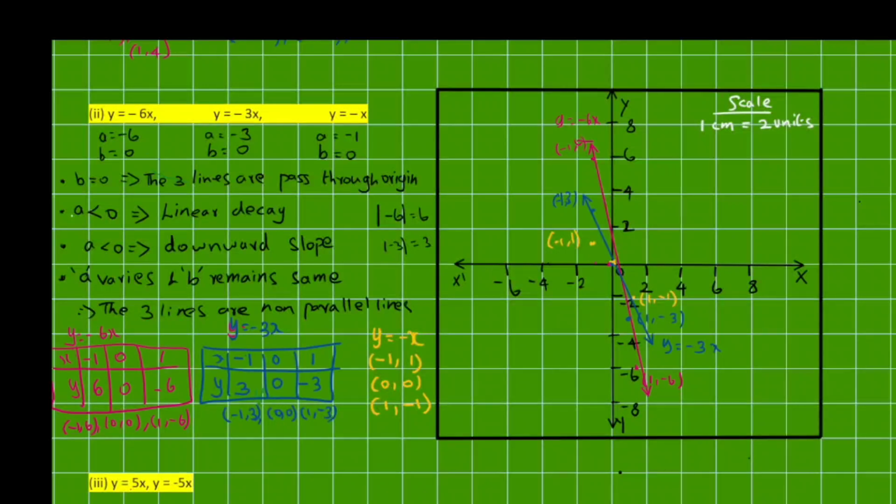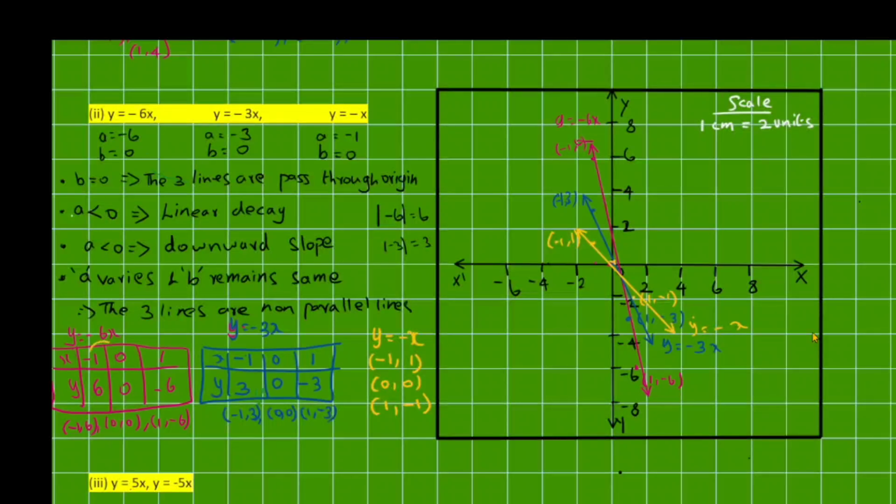Let's join the points. This is the third line, y is equal to minus x. The steepness is reduced.